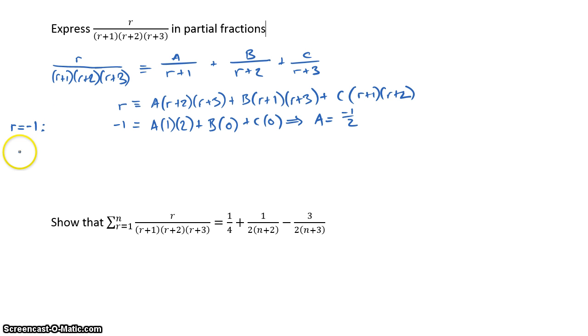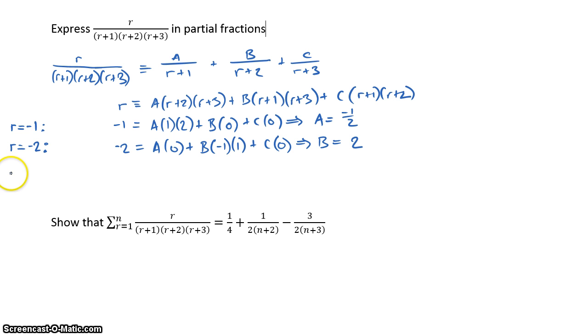What about if I set r equals -2? Well, then I'd get -2 is equal to a times 0, because this bracket is 0, plus b times -1 times 1, plus c times 0, because this bracket would be 0. And that tells me that b has to equal 2.